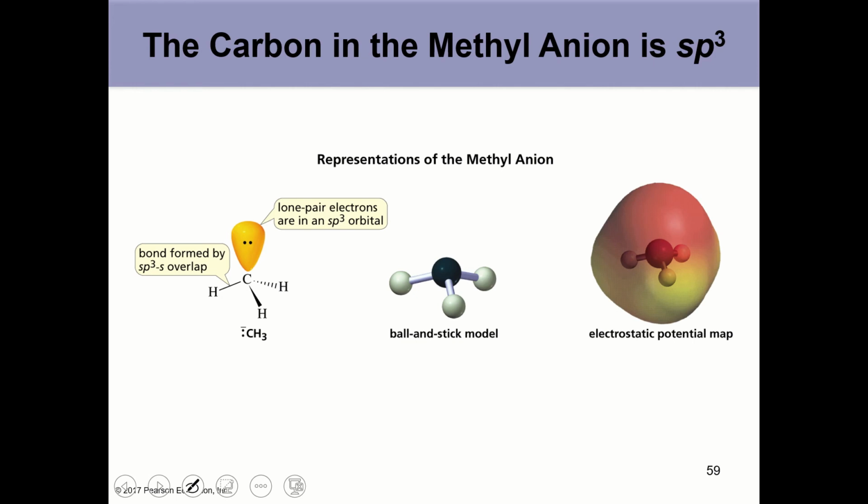The carbon in methyl anion is sp3 hybridized because we have 4 electron domains: 3 bond sites, 1 lone pair, LP, equals 4 EDs, equals sp3.